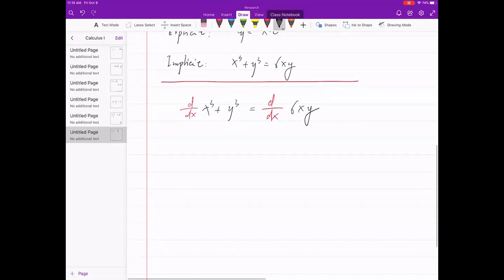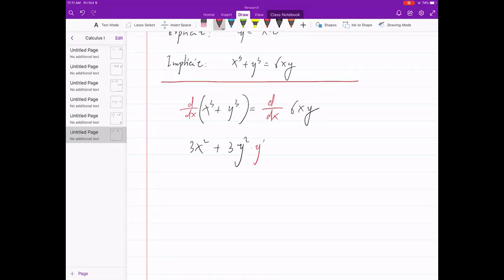The first is a term looking like x. It's just easy, take the derivative. The second is a term with respect to y. So you take the derivative pretending it's x, but then you realize, wait a second, this is y. Then when I finish, I better multiply by y prime according to the chain rule.